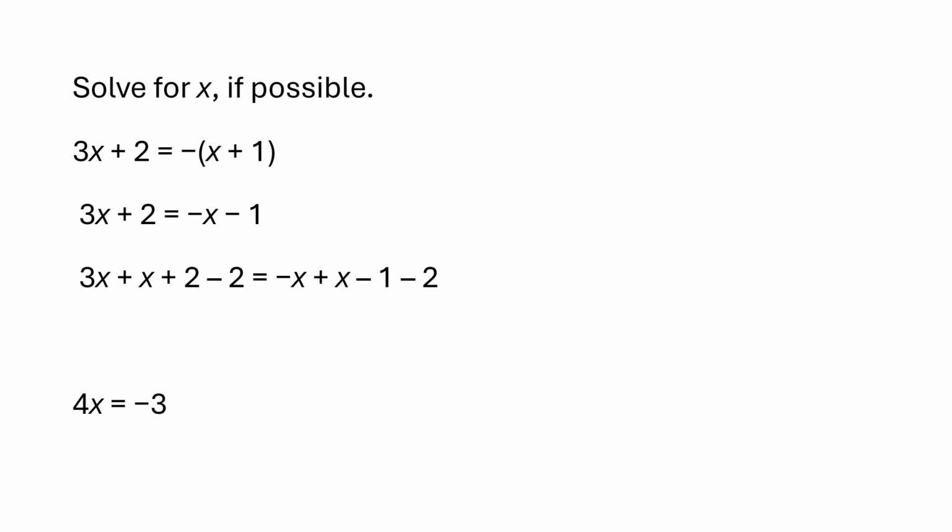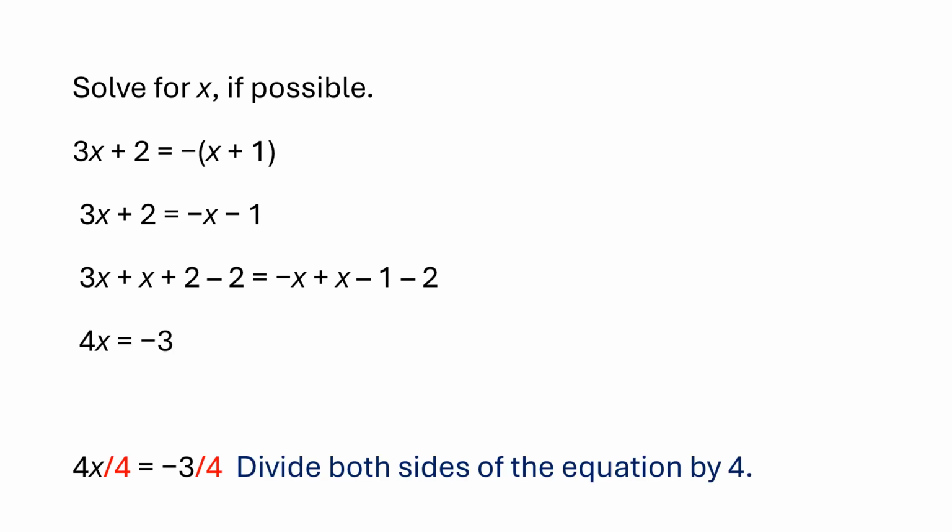So we end up with 4x equals -3. I'm sorry, we have to finish, divide out by 4. Dividing by 4 on each side gives us x equals -3/4.